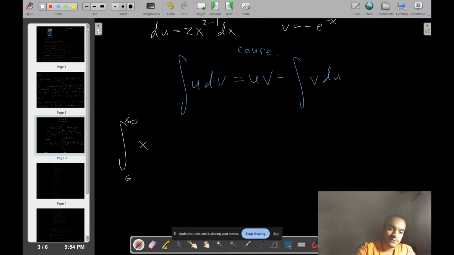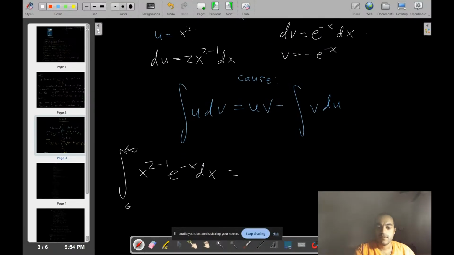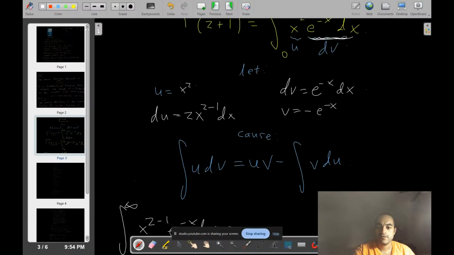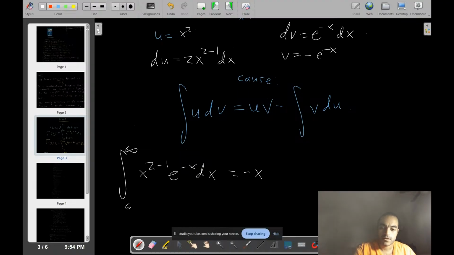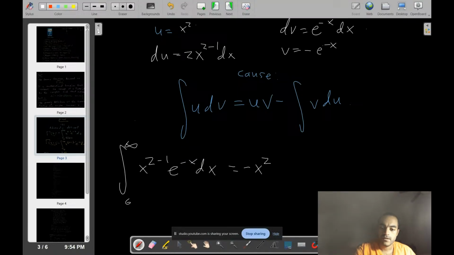And this is automatically equal to u times v, so minus x to the z e to the negative x from 0 to infinity.